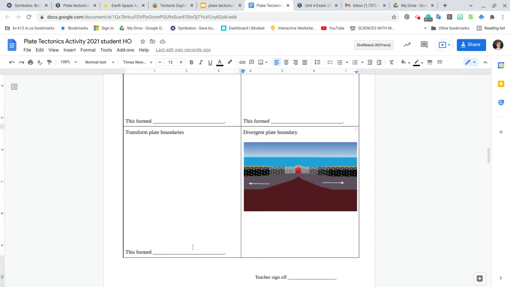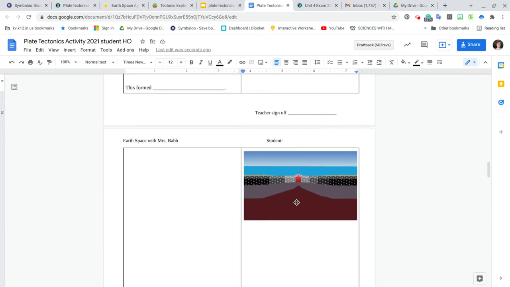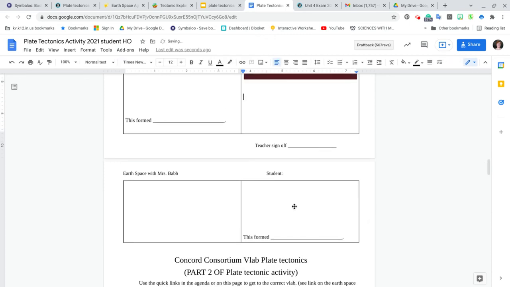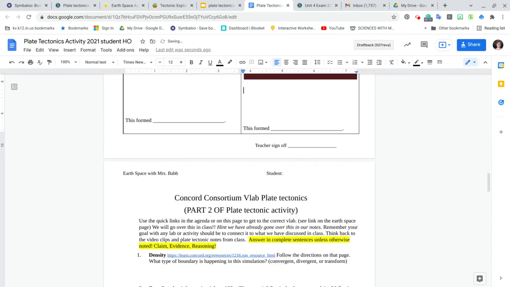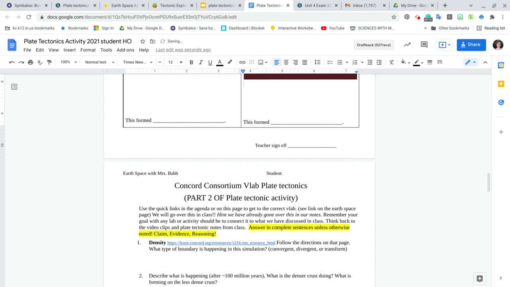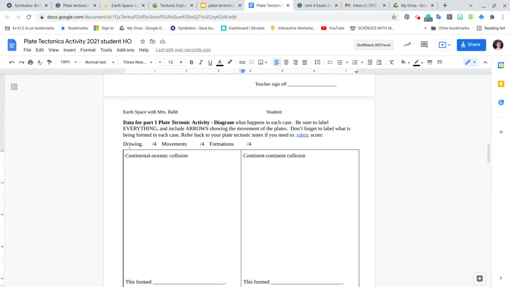And then down here, this form, what did this form? Oh, okay, it didn't replace it. Make that go away. What does that form? Again, go back to your notes if you need to. Okay, so that means I have the drawing.